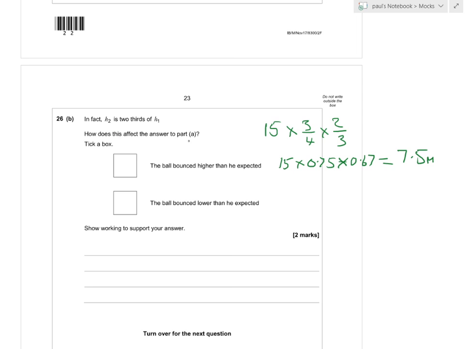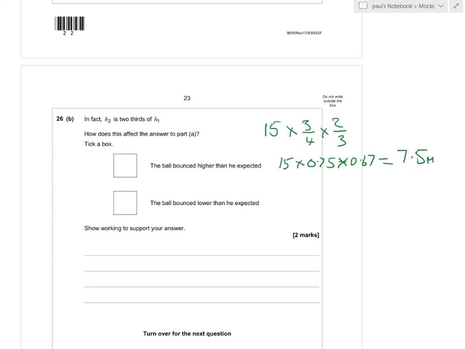Oh, in fact, the answer to part A. How does this affect the answer to part A? The ball bounced higher than expected. Well, I think the ball bounced higher than they expected. Oh, 26B.